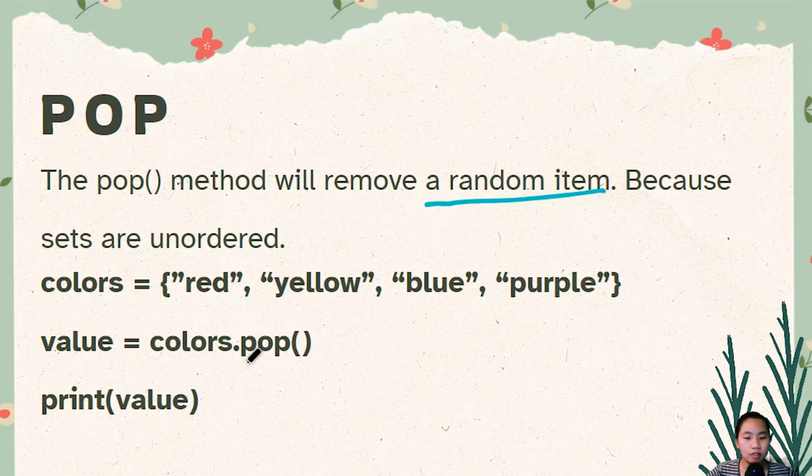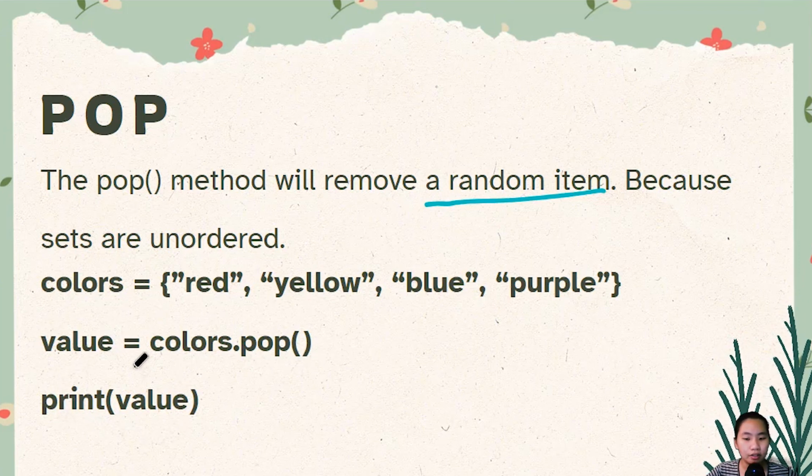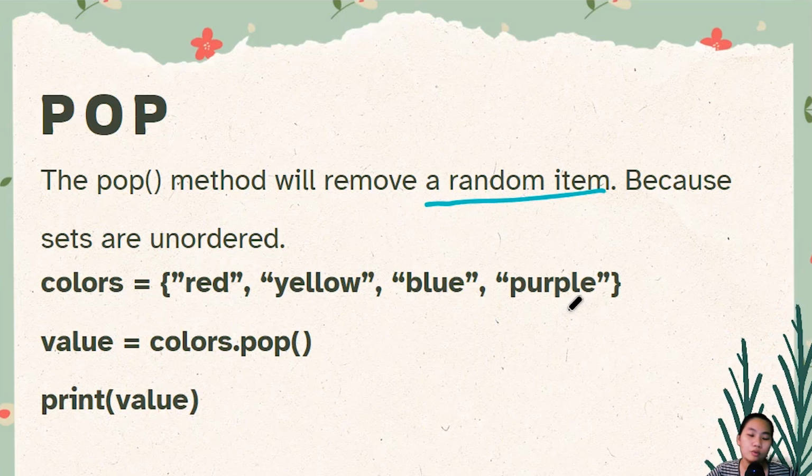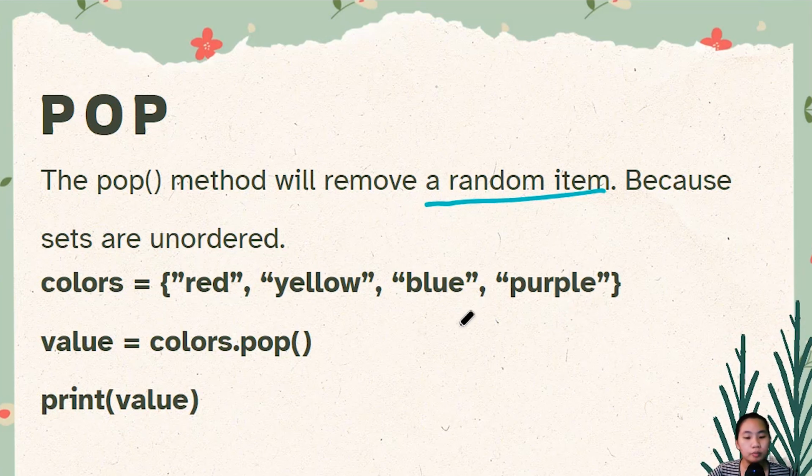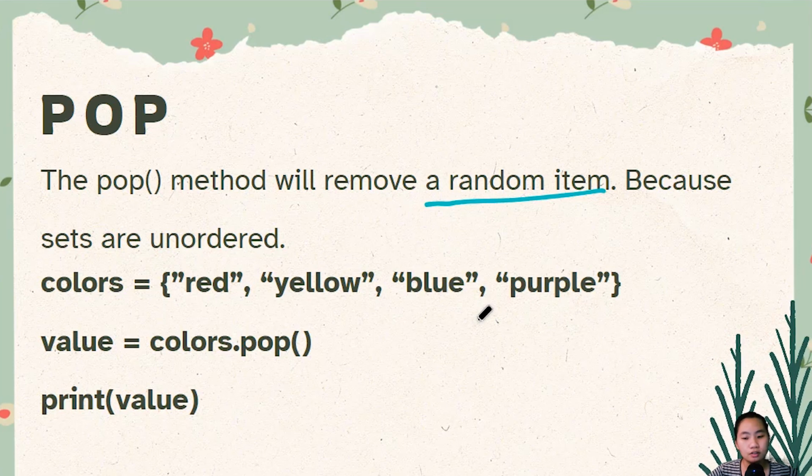I'm passing the statement colors.pop into the variable value, and if I print value, one of these things will be removed. And anything that is not removed will be displayed in random order.